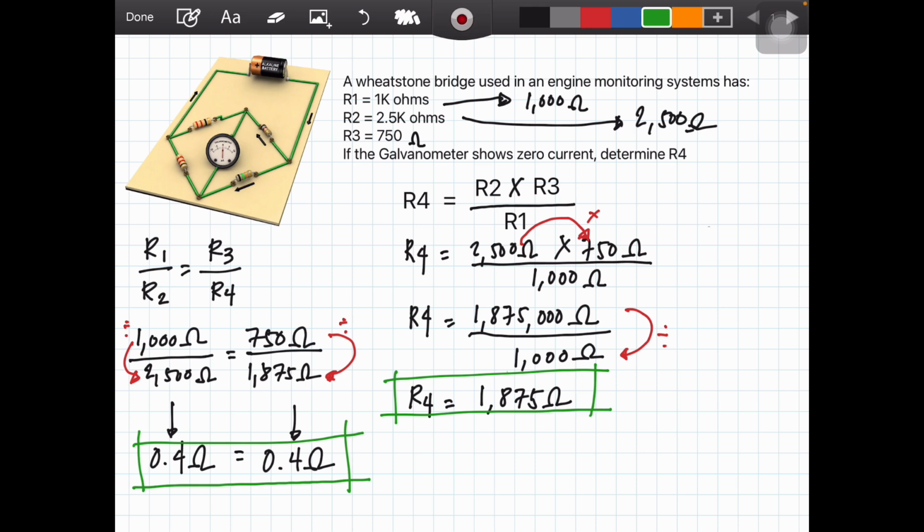If they have different values from each other, then that Wheatstone Bridge circuit is not balanced. But for this situation, they both have 0.4. That is considered really a balanced Wheatstone Bridge circuit.